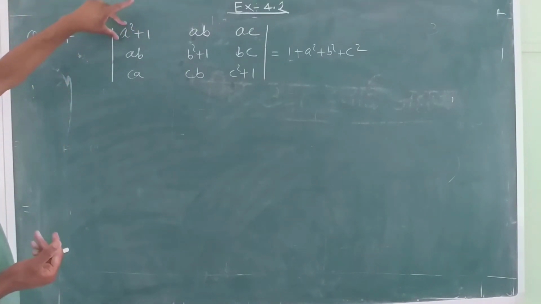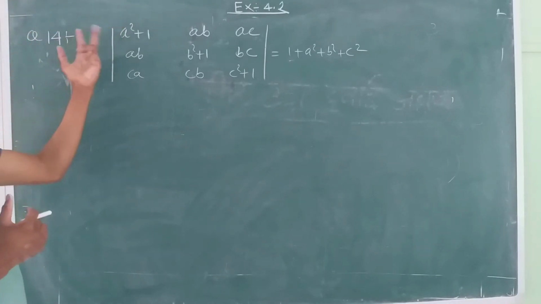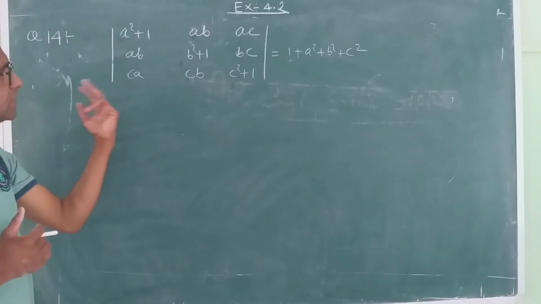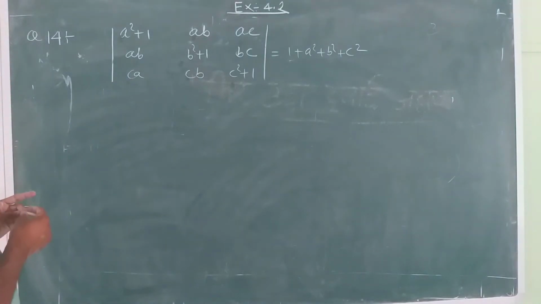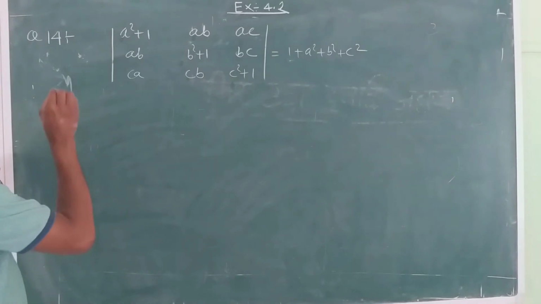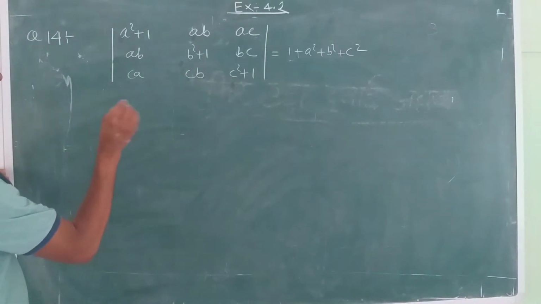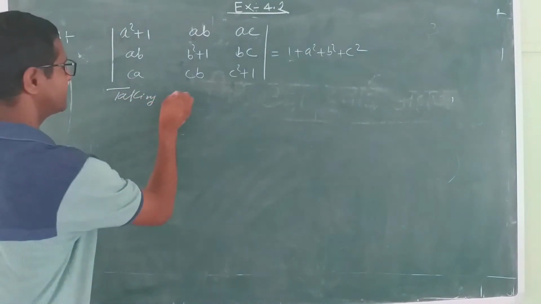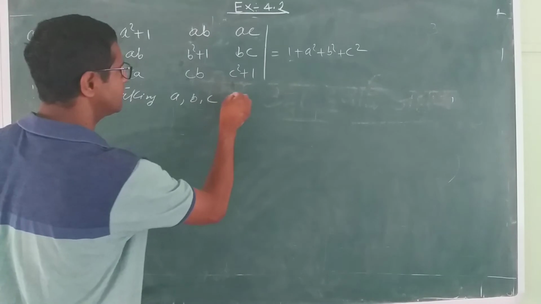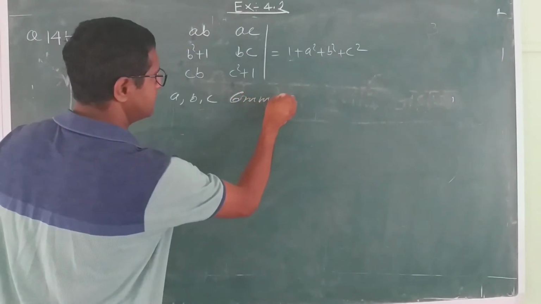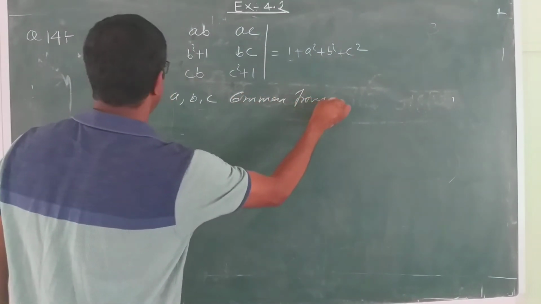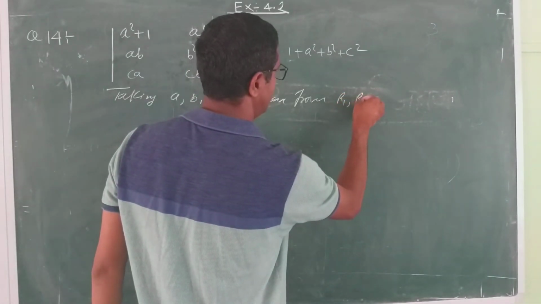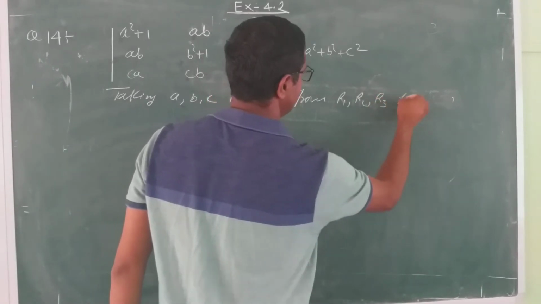A is common from the first row, B you can take common from the second row, and C you can take common from the third row. After taking common A, B, C from the first, second, third row respectively, I will write: taking A, B, C common from R1, R2, R3 respectively.